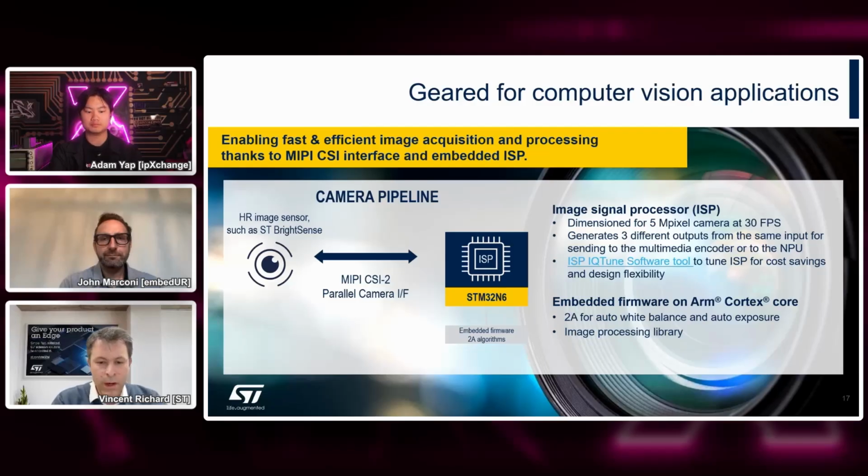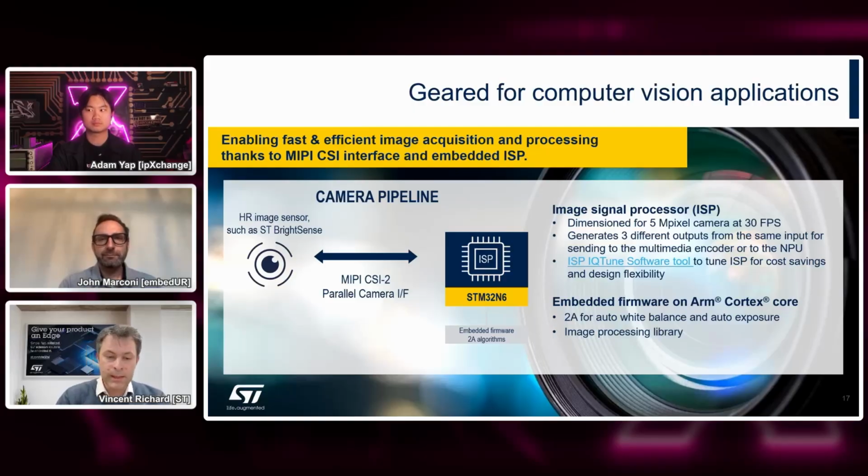In addition, there are three different possible outputs to address simultaneously, for example, the GPU or the NPU or the encoding part. So it means that you can have images with different characteristics and send them over all these different units depending on your application.